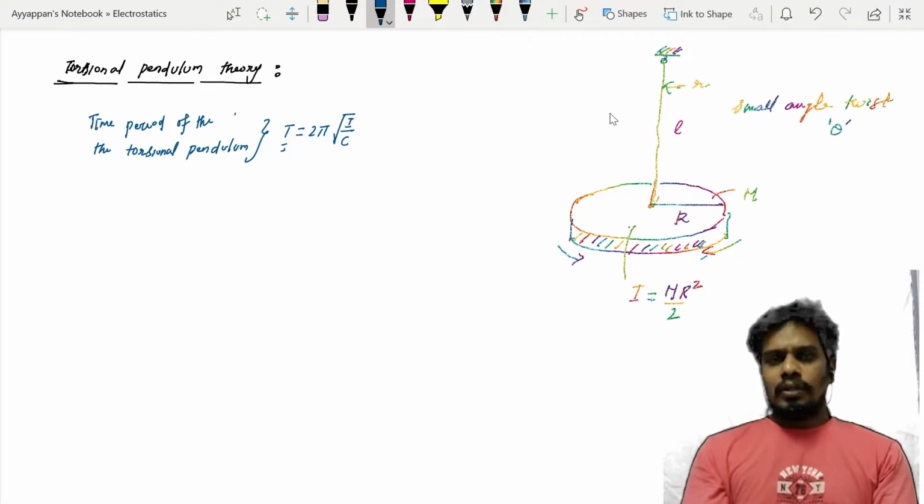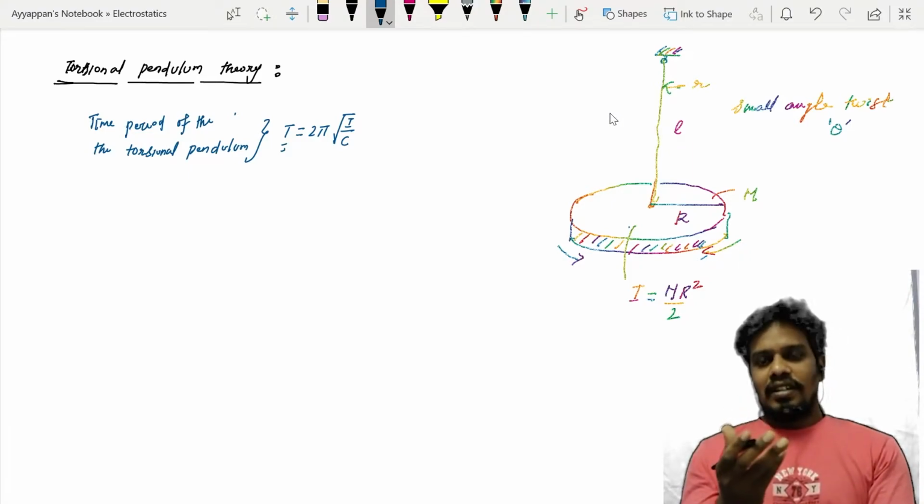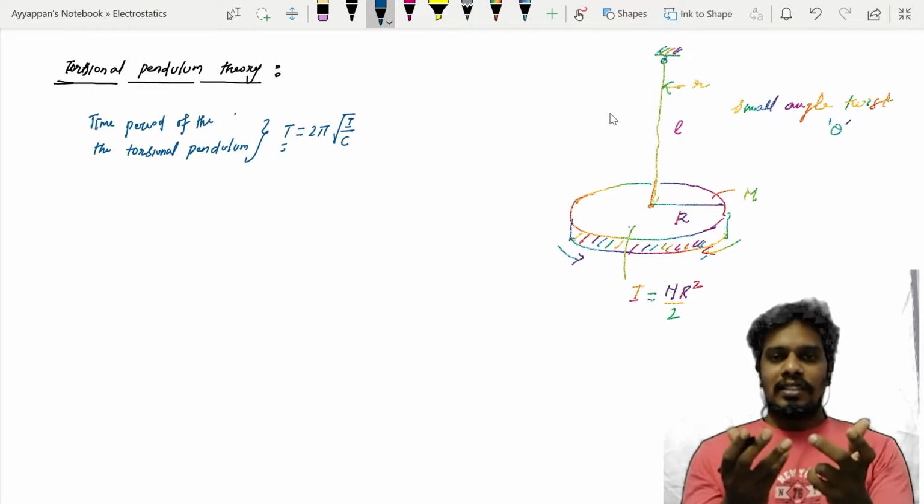How can you measure it? Suppose you take a stopwatch, then you twist the bottom disk, so it will execute small oscillations.